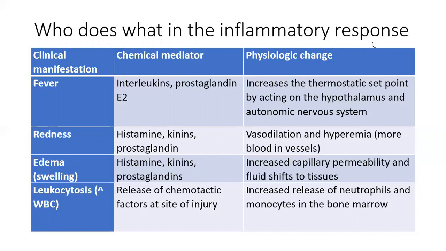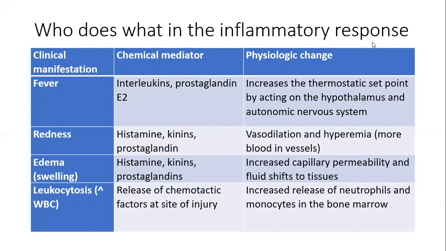The redness is caused by histamines, kinins, and prostaglandins, and that's because there's more blood flow to the area, and the vessels are dilated, and that vasodilation and hyperemia causes redness. Edema is caused by histamines, those vasodilators, kinins, and prostaglandins. That results in swelling. And that's caused by increased capillary permeability and fluid shifts into the tissues.